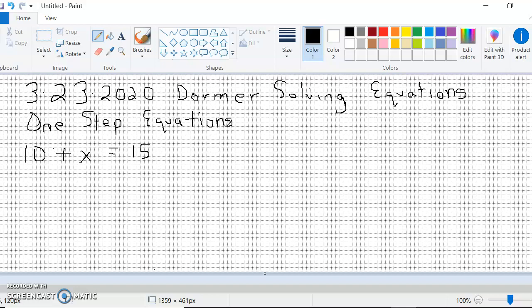So why is it one step? Well, let's take a look at it. It's very simple. I could look at it and know what the answer is, but let's go through the steps. I say negative 10 here because I want to isolate my x, and I will say negative 10 here.